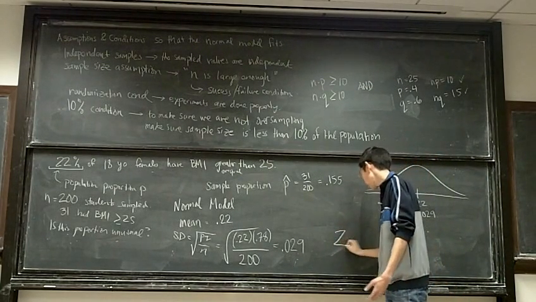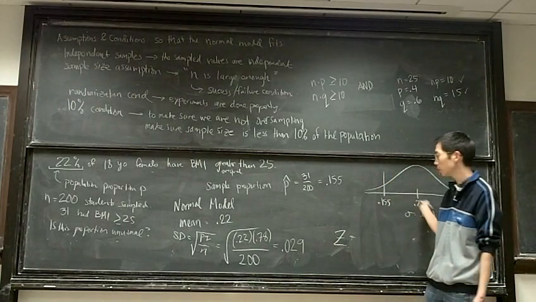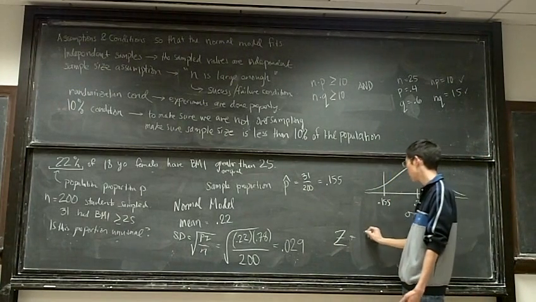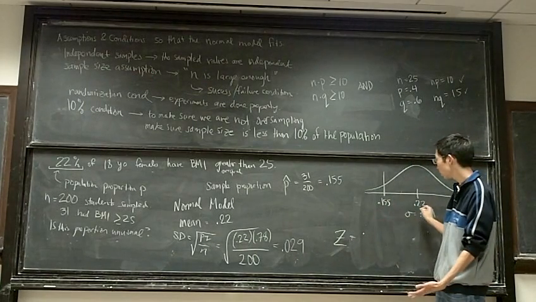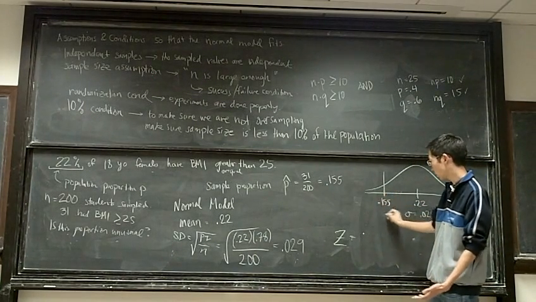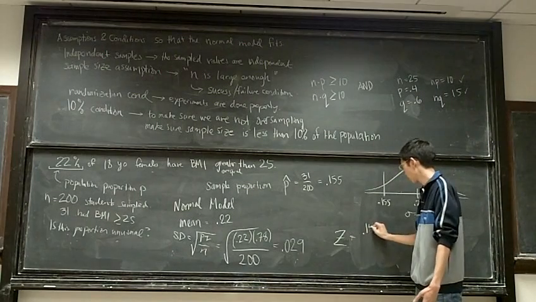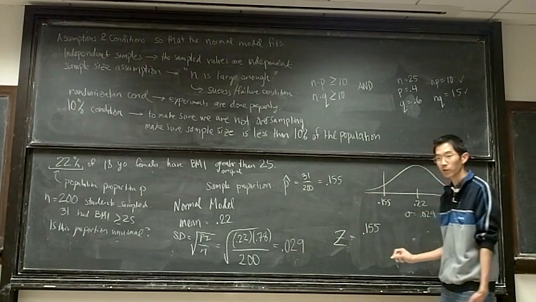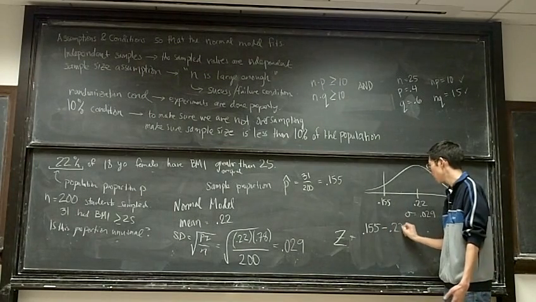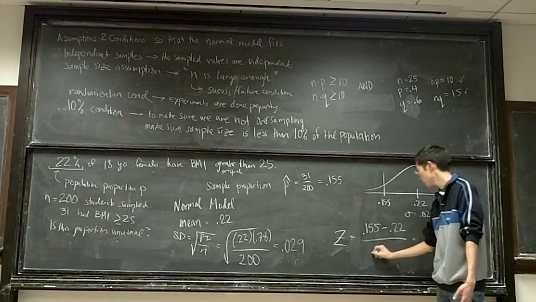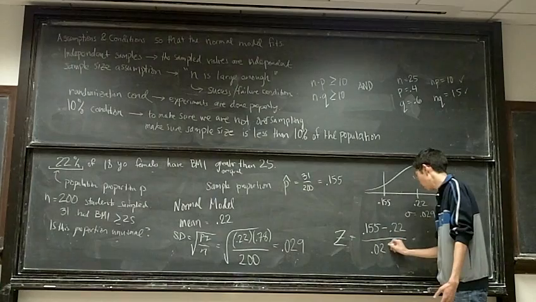Let's find its z-score. How many standard deviations away from the mean is this? Our z-score is y minus mu divided by sigma. The point of interest is 0.155, our mean is 0.22, and our sigma is 0.029.